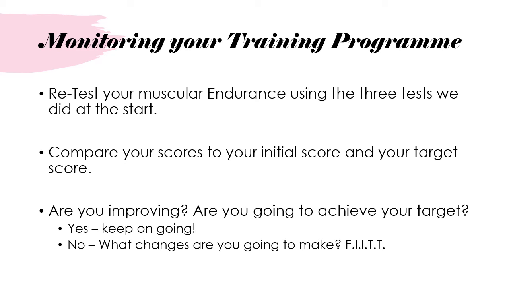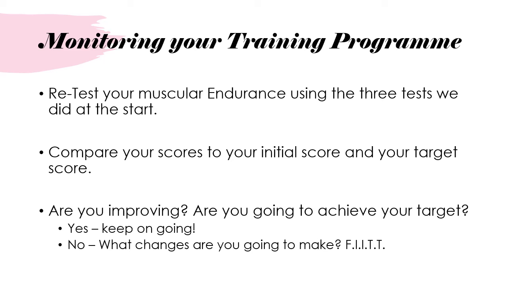We're now going to introduce the testing phase of the monitoring. So you're going to retest your muscular endurance using the 3 tests we did at the start. So the wall sit, the plank test, and the 2-minute press up test. Once you've redone these, you'll then be able to compare your scores to your initial score and your target score, and you'll be able to see from that whether you're improving or not and whether you're going to achieve your target.